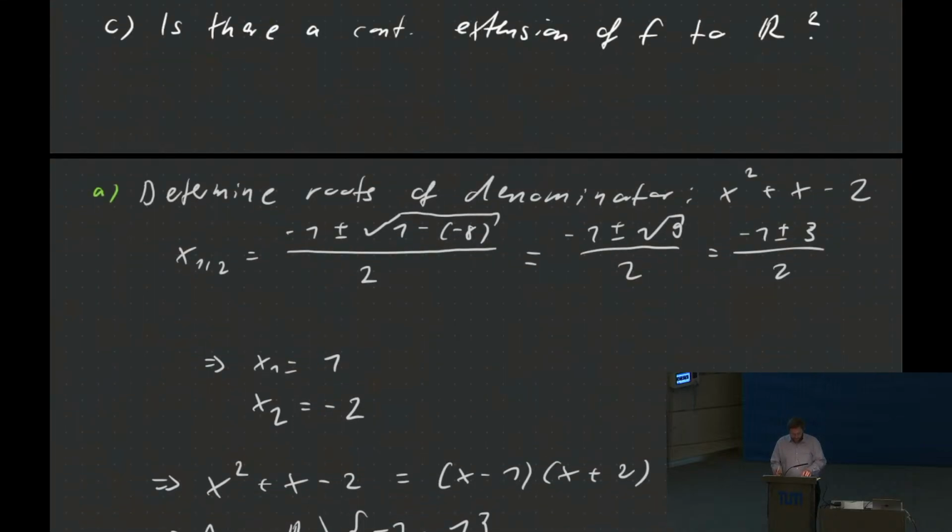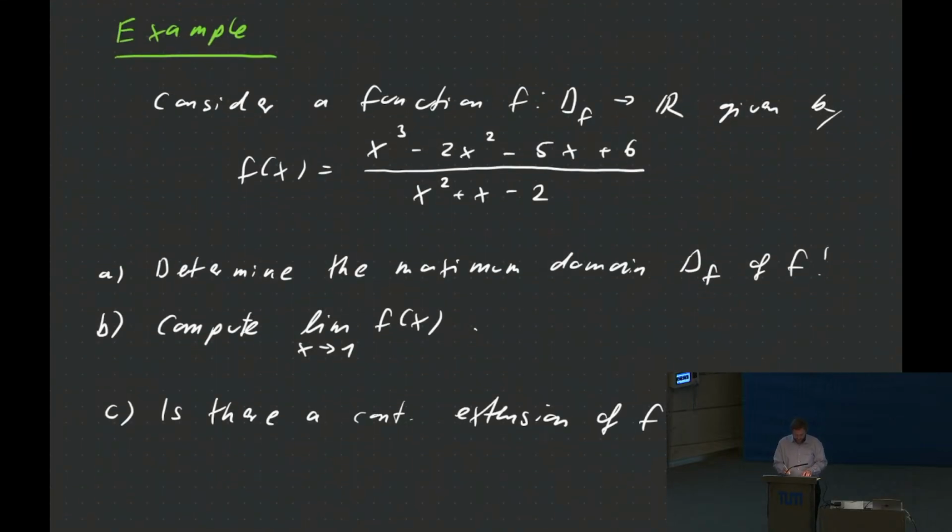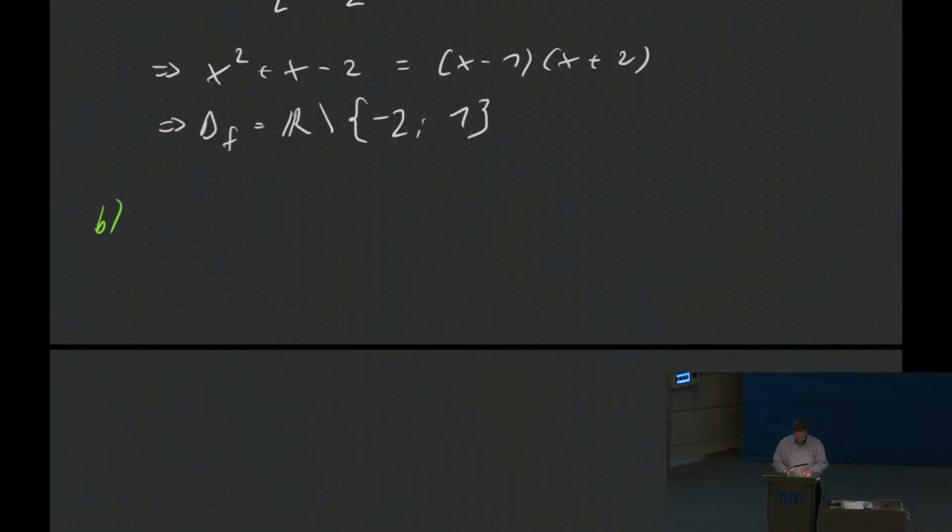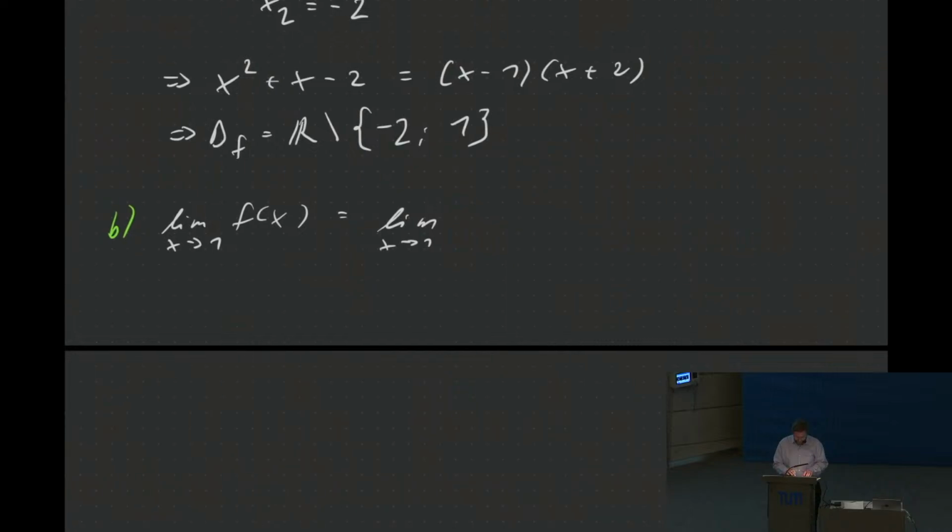All right, what do we do to find that limit? Well, let's maybe just copy that expression here, so I don't have to scroll all the time. So we need to find the limit of f of x as x tends to 1. And that is the limit of this expression.